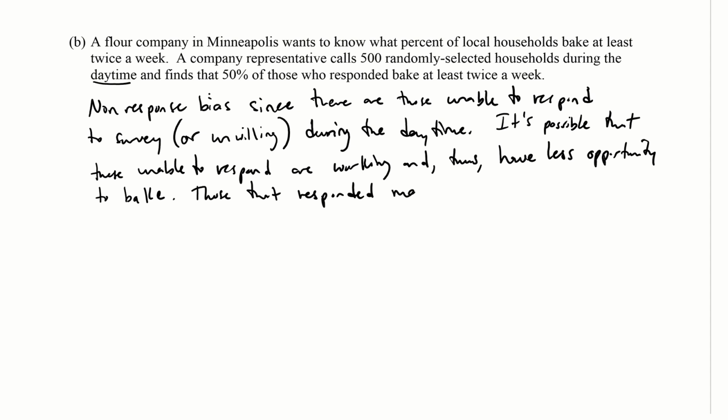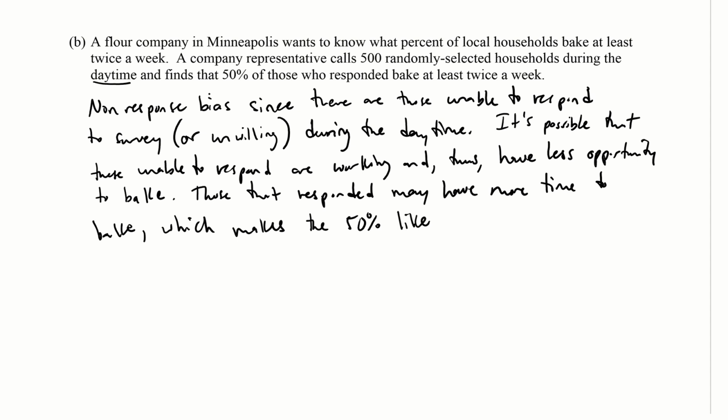Those that responded may have more time to bake, which makes the 50% likely an overestimate of the true proportion.